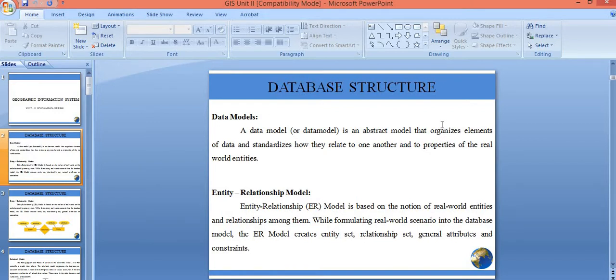In our database management system subject itself, we have learned some data models, like the relational data model, entity relationship model, and object based model. Like that we have discussed different models. Those are the data models for database systems.